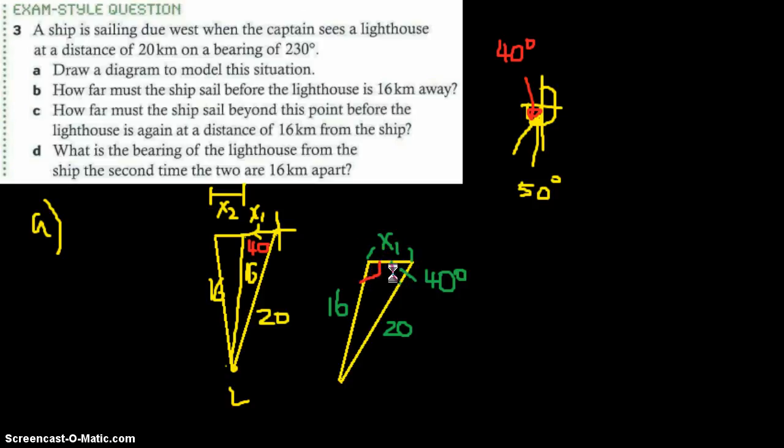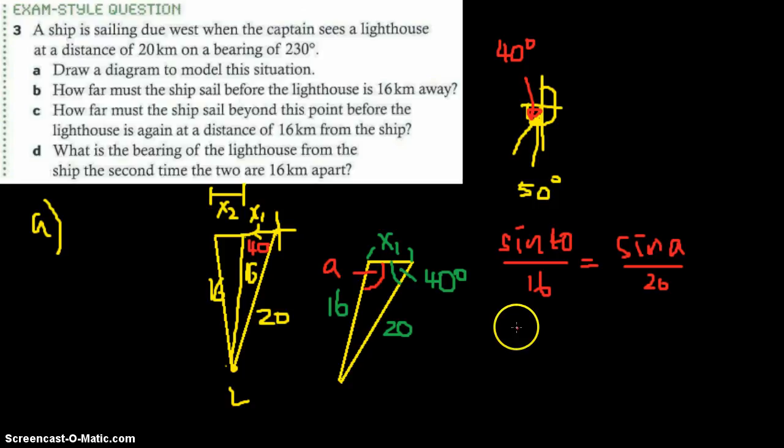If I can figure out that angle, then I can just use 180 minus this 40 minus this red angle, and I can figure out what this angle is. Let's call this angle A. So let's apply the sine rule then. I will have sine 40 over 16 is equal to sine A over 20.